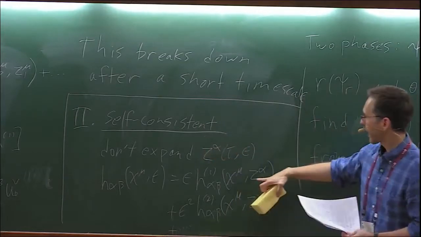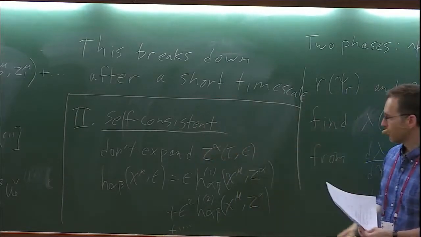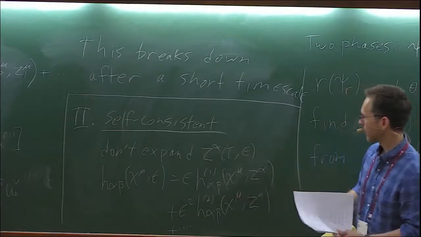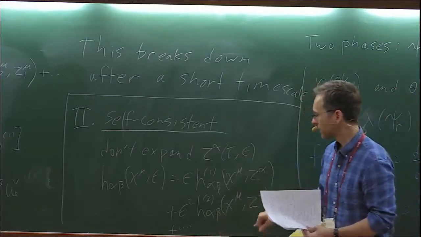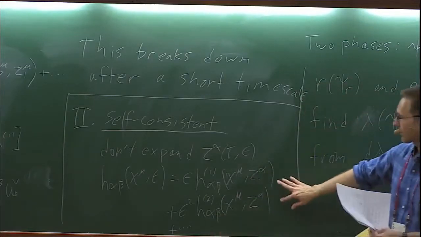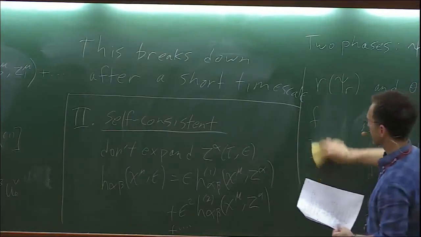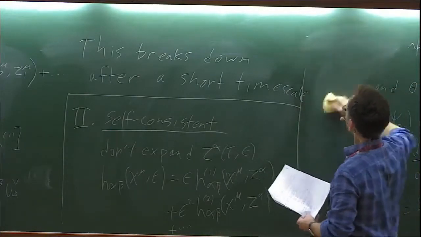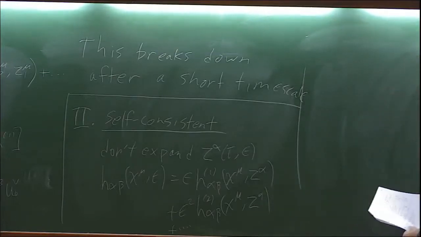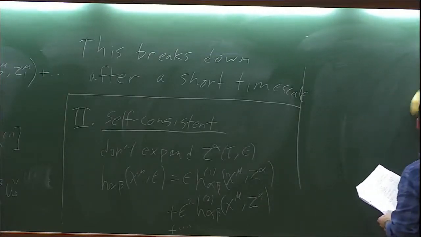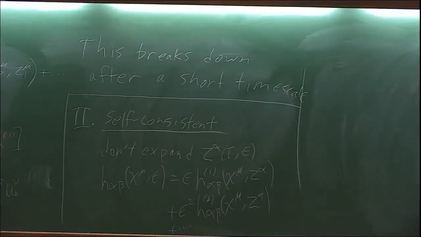Okay, so Z depends on epsilon, which means that the coefficient h1 also depends on epsilon, and coefficient h2 also depends on epsilon. So this is no longer a Taylor series. It's an asymptotic series in the sense that each term is smaller than the last when epsilon is small, but it's not a Taylor series.